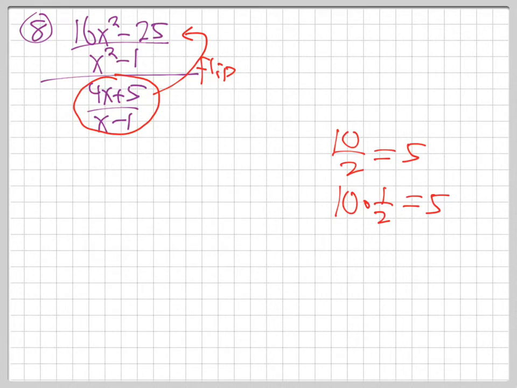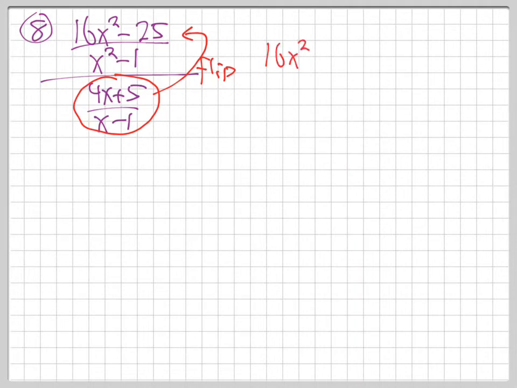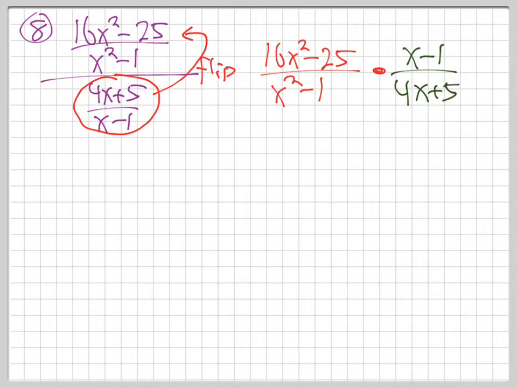So when they have a big old division problem like this one, you just go, oh, okay. I'm just going to make it 16x squared minus 25 over x squared minus 1 times, and then you do the flip. So that's going to be x minus 1 over 4x plus 5. So there's the flip. We flipped it upside down.